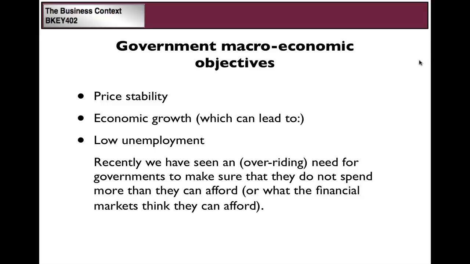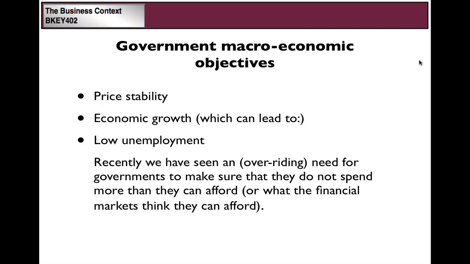Economic growth, a modern objective that every economy wants to have, so that gradually everybody in the economy gets better off, or income increases and so on. And of course we want low unemployment or high employment, one or the other. Of course all these things are quite linked together.